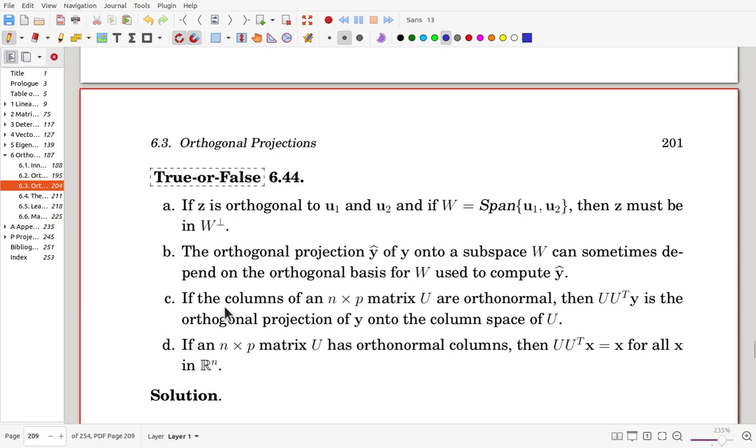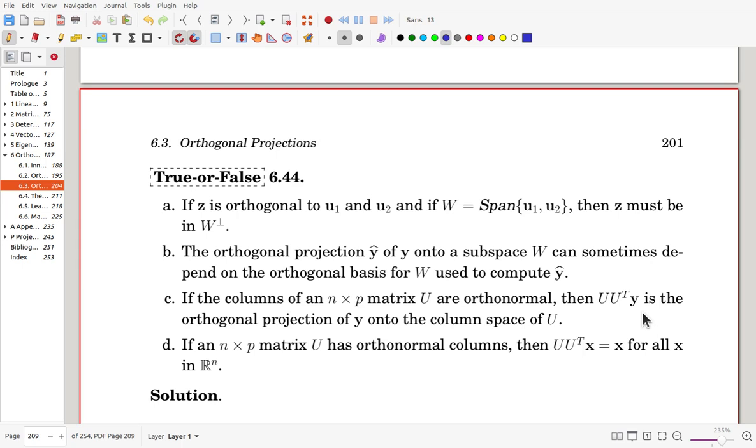If the columns of an n by p matrix U are orthogonal, then U transpose Y is the orthogonal projection of Y onto the column space of U. Is it true?